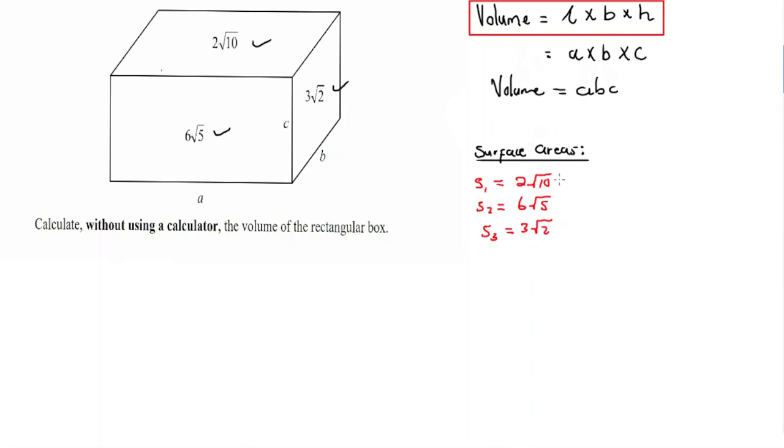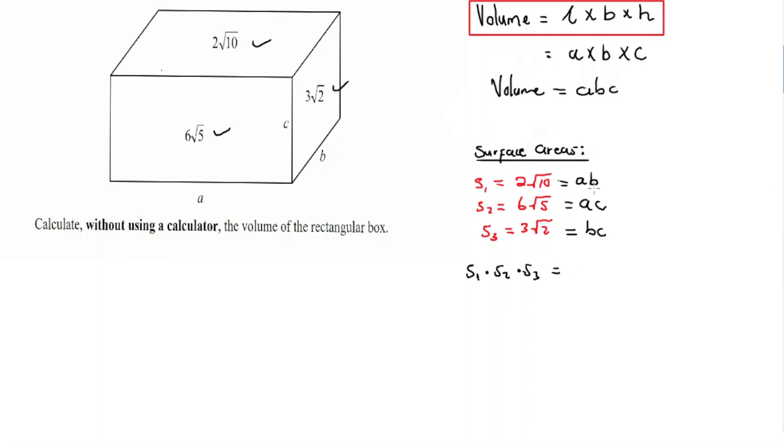In terms of A, B, and C, the top surface area S1 can be expressed as A times B, S2 as A times C, and S3 as B times C, right? Now let's see what happens when we multiply out the surface areas.